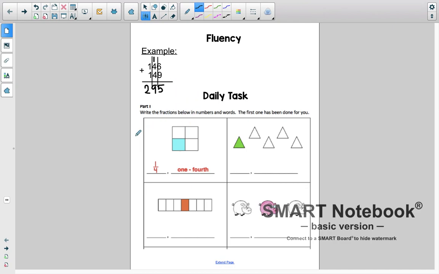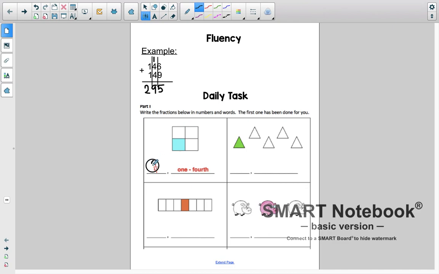So part 1 says write the fraction below in numbers and words. The first one has been done for you. So before we move on, let's look at the first one. This is fractions. It's a review. So if you look, you have the same exact pictures on your packet as I have right up here. So we see that it has 1/4.